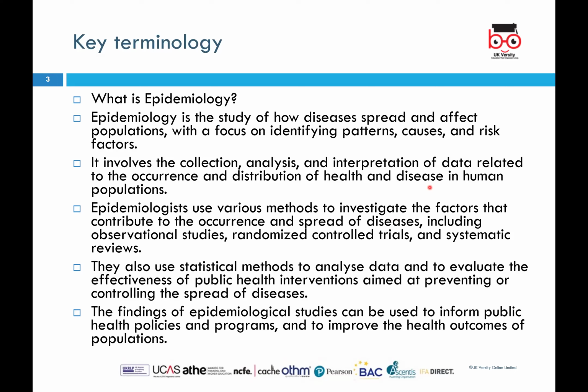So the diseases that we talk about, we talk about how they spread and how they affect populations. And you would identify patterns, causes, and risk factors. So why do we do this? Obviously, we need this data because we have different diseases impacting. And situations like COVID can happen anytime again, God forbid.